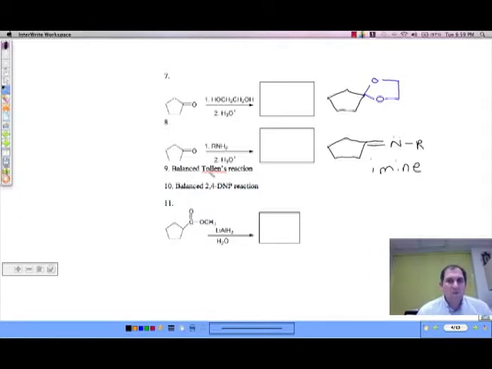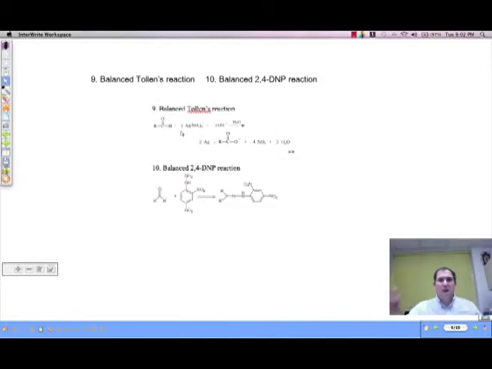Balance a Tollens reaction and a 2,4-DNP reaction. Remember, 2,4-DNP stands for 2,4-dinitrophenylhydrazine. First we'll do the Tollens reaction. We have an aldehyde which reacts with the ammoniacal silver nitrate in the presence of base.